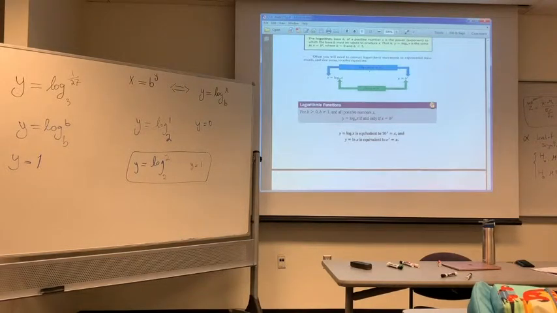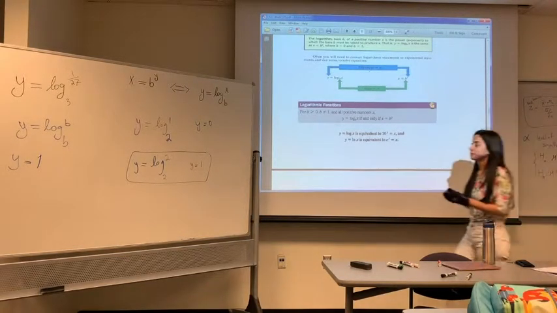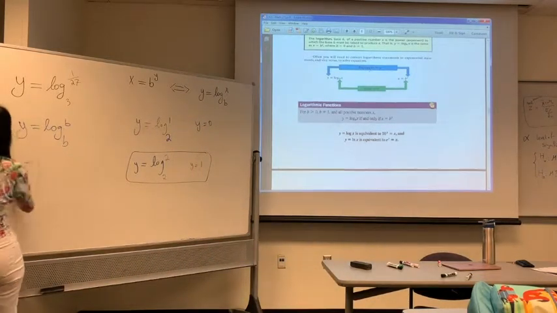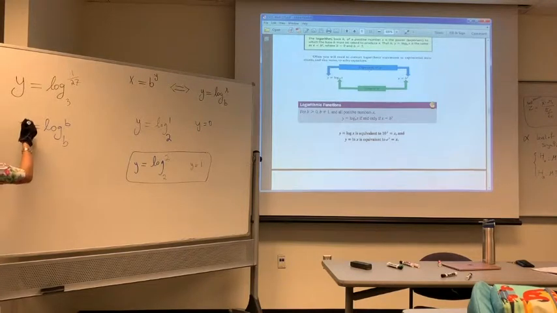And this one is actually another rule. So this is equal to 1 always. So what about this one?